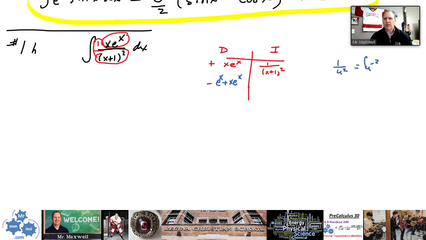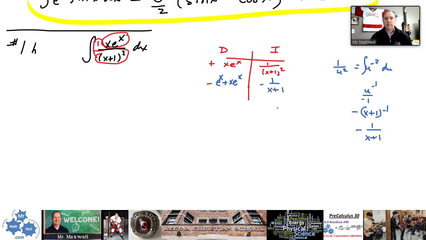So the integral of this, du, would be u to the negative 1 over negative 1. Or, because there's no inside function really, the derivative is 1, so we don't have to counteract for anything like the chain rule. So this is going to be just x plus 1 to the negative 1, or negative 1 over x plus 1.